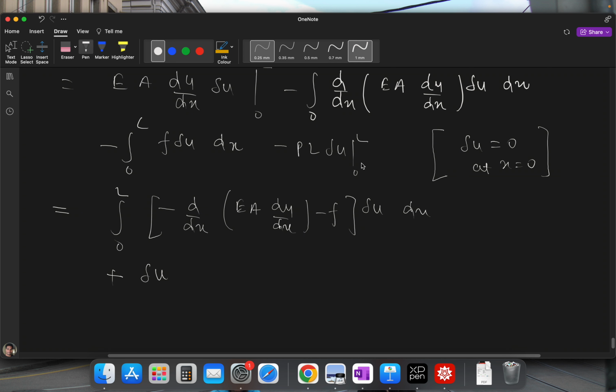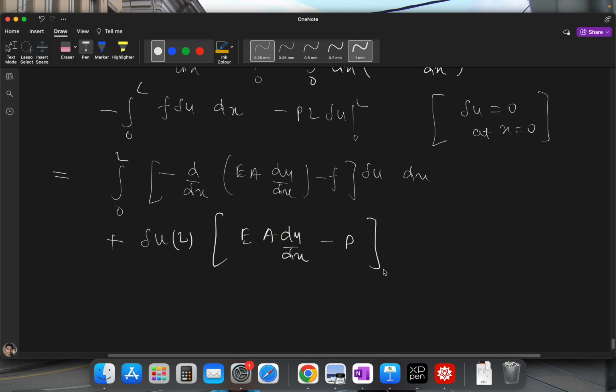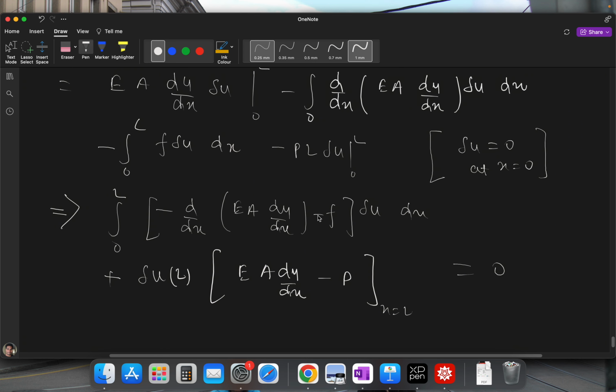But at x equal to L the term will still remain. So del u at L, times EA du by dx minus P at x equal to L, equal to 0. Right? Here you can see that the earlier term at x equal to 0 got lost, but the term with del u at x equal to L will remain.